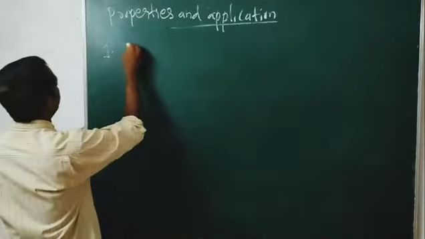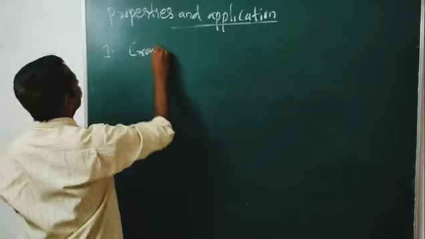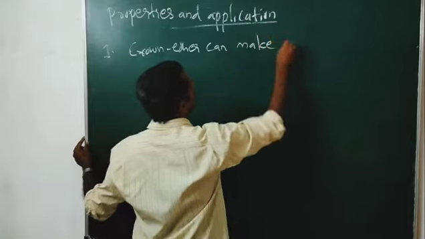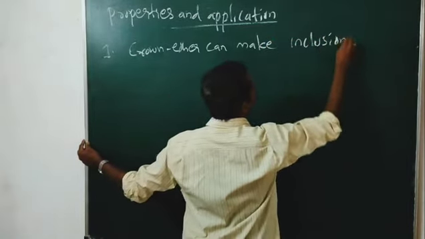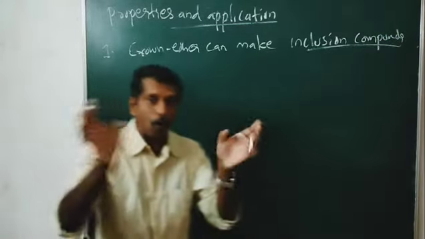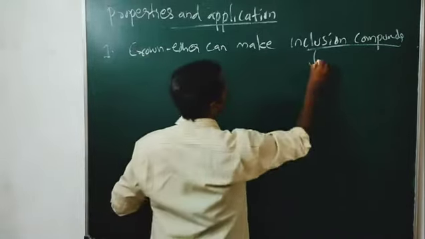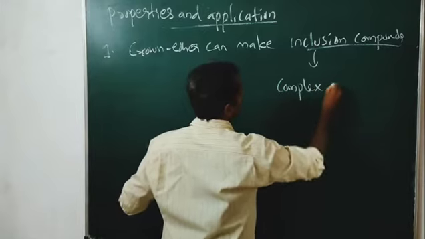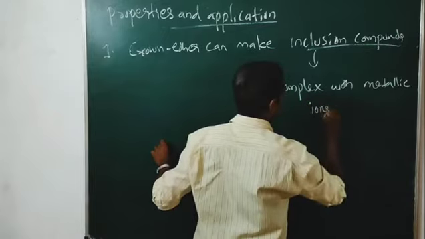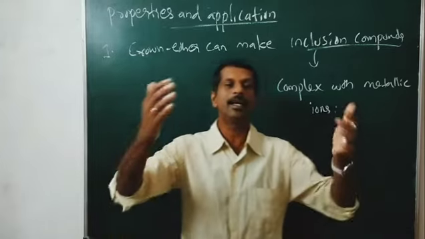That means it can make complexes with metal ions, metallic ions. This is due to the cavities present in the crown ethers.